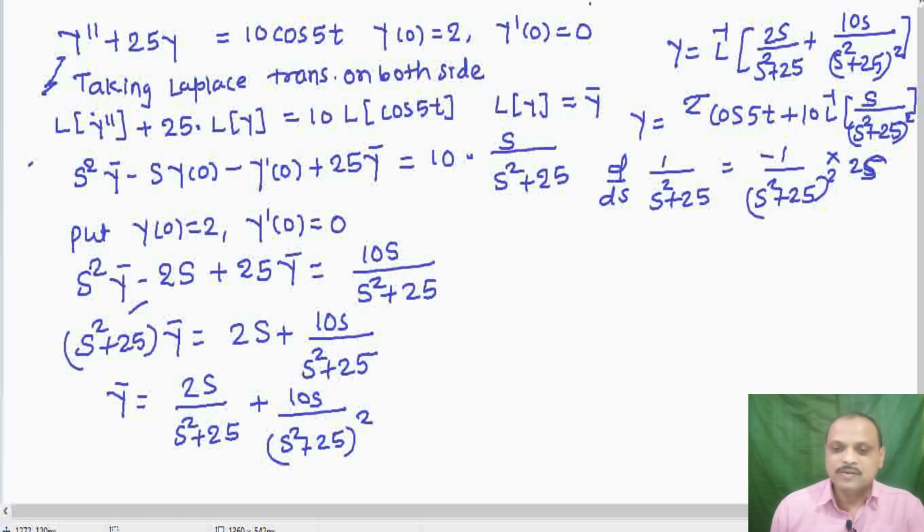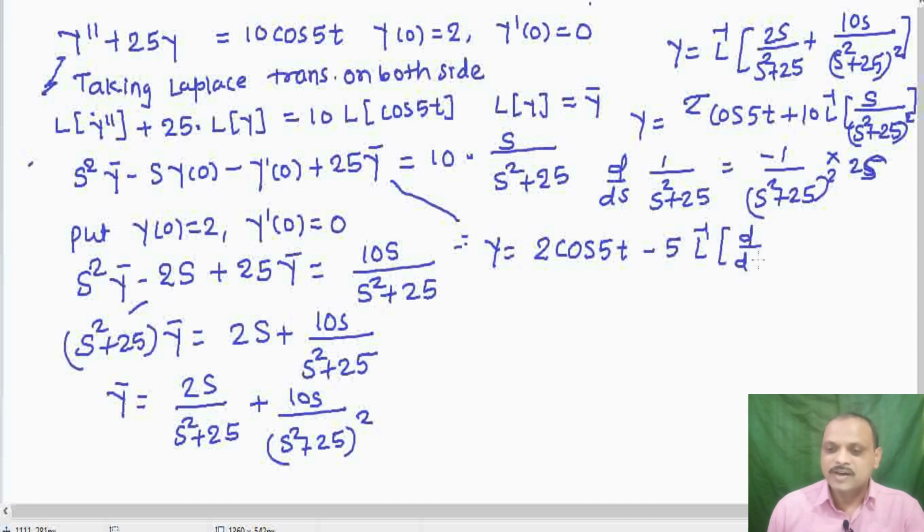So here y equal to 2 into cos of 5t minus, we write it as a minus 5 into L inverse of d by ds of 1 divided by s square plus 25, right? So you can see that minus 2 into minus 5 will be plus 10, and we get those terms.